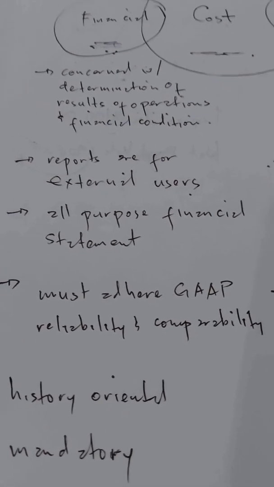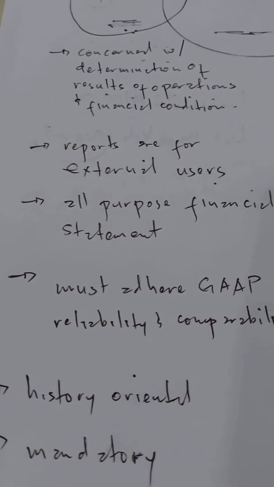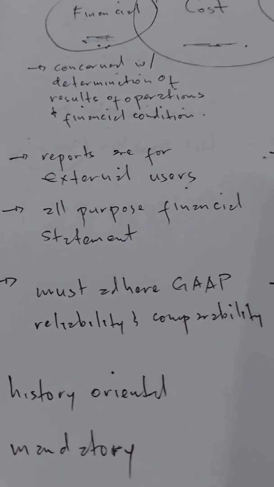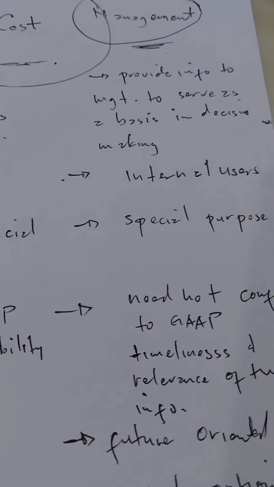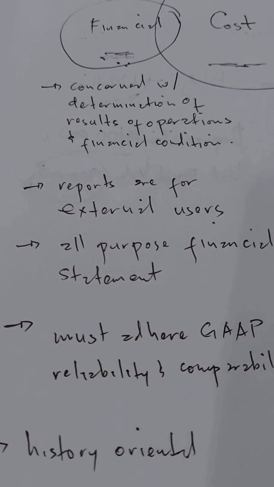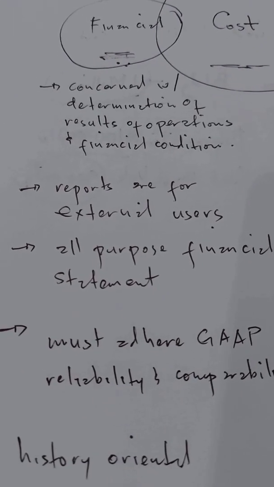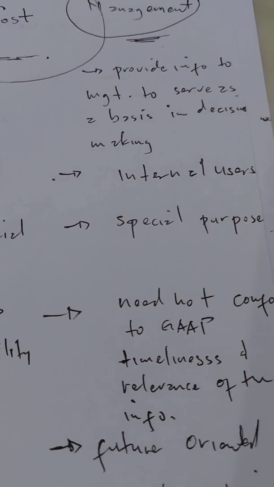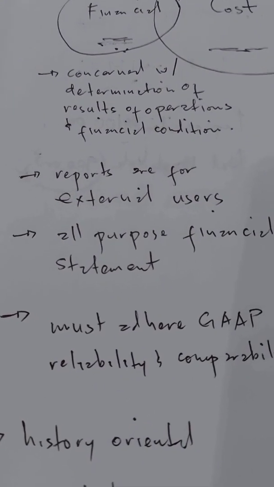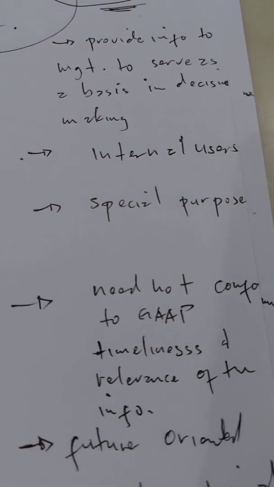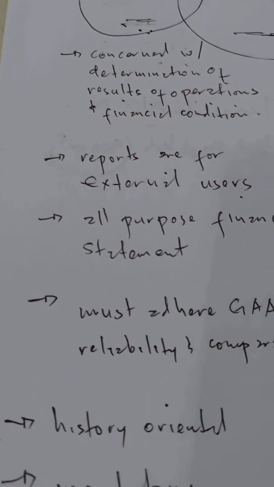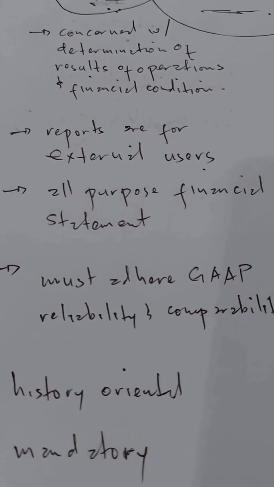So, as to objective, ang financial accounting is concerned with the determination of results of operations and financial condition of an organization, while ang management accounting is to provide information to management to serve as basis in decision making. As to user of reports, ang financial ay for external, ang management accounting ay for internal. As to nature of reports, ang financial ay all-purpose, while ang management accounting ay special purpose. As to application of GAAP, ang financial accounting must adhere to GAAP.